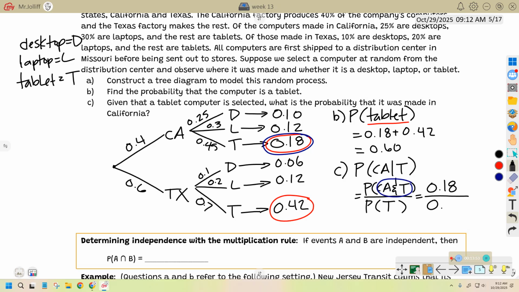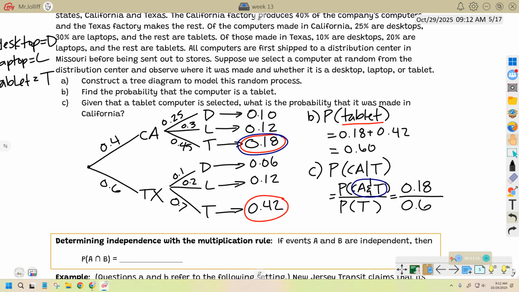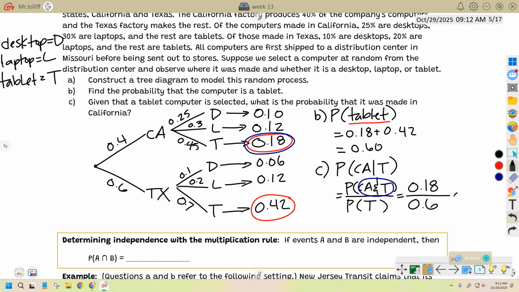We just found that together. So 0.18 divided by 0.6. And I get, whoops, why can't I draw today? 0.3. So knowing that it's a tablet, there's a 30% chance it was made in California, 70% chance it was made in Texas. So of my tablets, 30% of them came from California. Good.